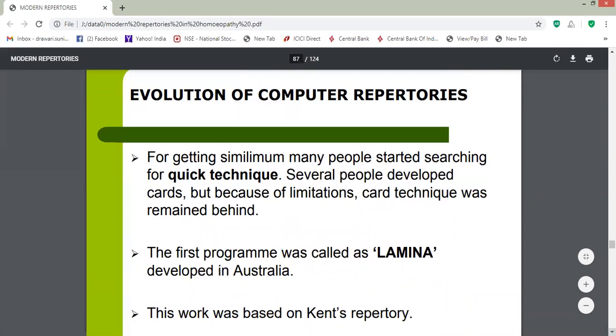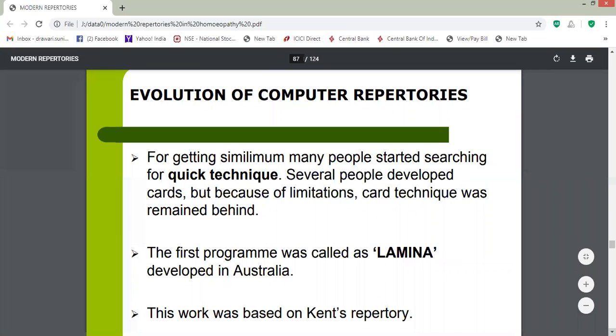For getting the simillimum, many people started searching for a quick technique. Several people developed cards, but because of limitations, the card technique remained behind. The first program was called Lamina, which was developed in Australia.